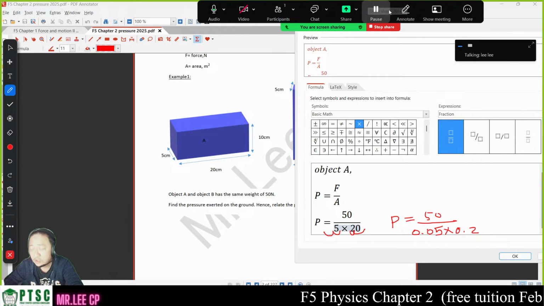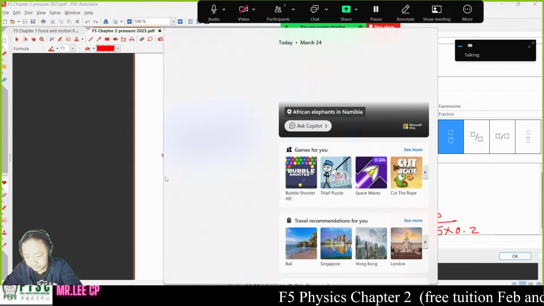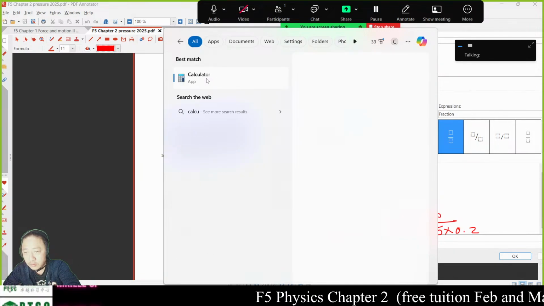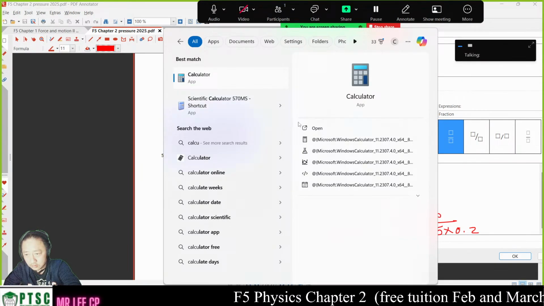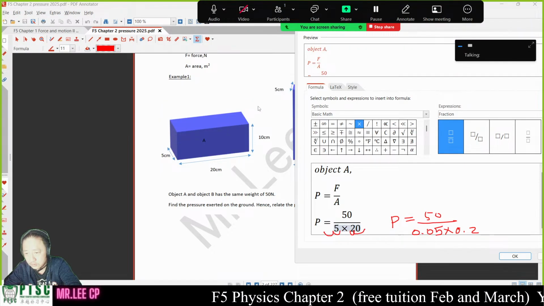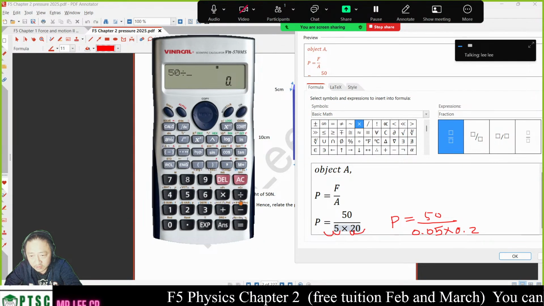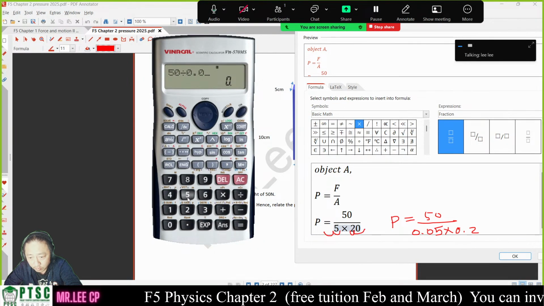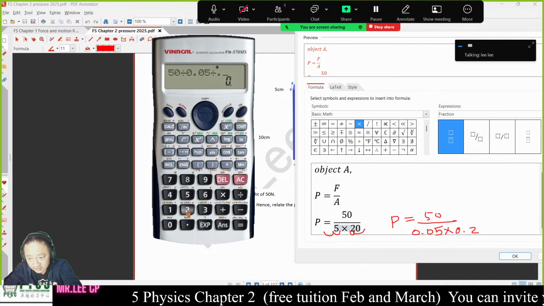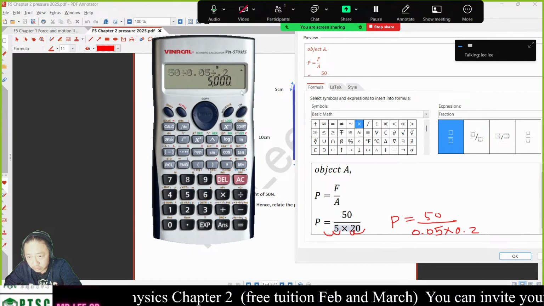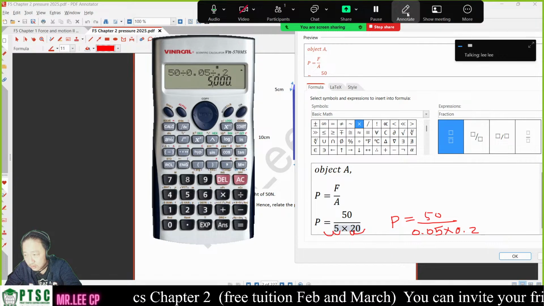So how much will we get? 50 divided by 0.05 times 0.2. You will get 5,000.